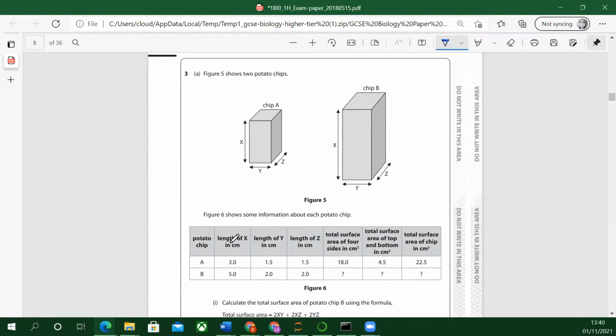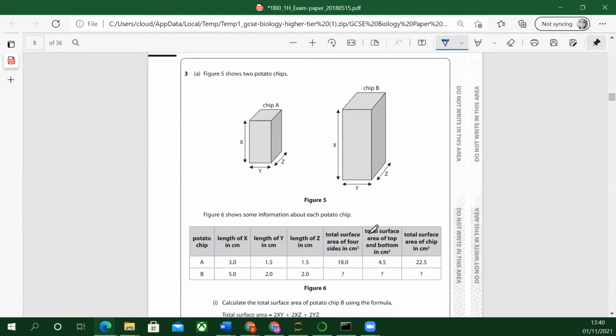Potato chip A, length, you could call it width, couldn't you? Because length, width, height, or x, y, z. Total surface area, this is going to be an important thing because I've not seen lots of questions on this before. Total surface area, 4 sides in centimeters squared, 18. Total surface area, top and bottom, 4.5.